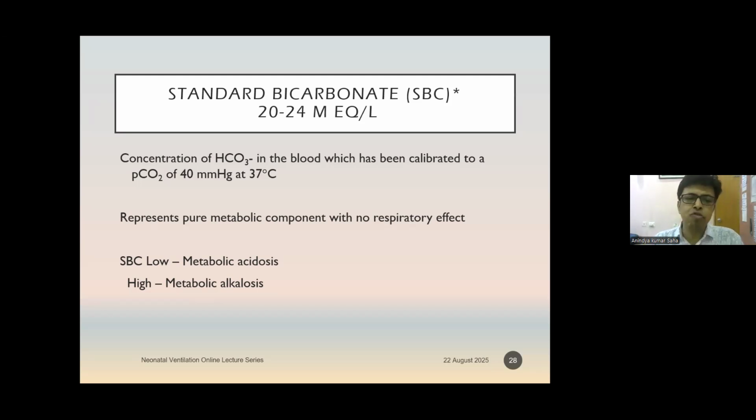In the case of actual bicarbonate, if the carbon dioxide level is higher, those results cannot be reliable. So the machine calibrates the bicarbonate to a PCO2 of 40 millimeter of mercury and calculates the standard bicarbonate. If standard bicarbonate is low, it represents a pure metabolic component without respiratory effect, and if it is high, it shows pure metabolic alkalosis without any respiratory involvement.